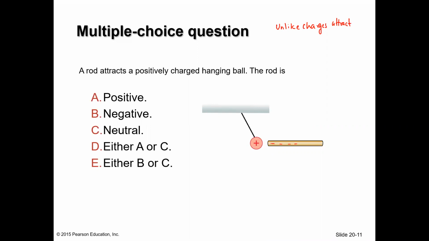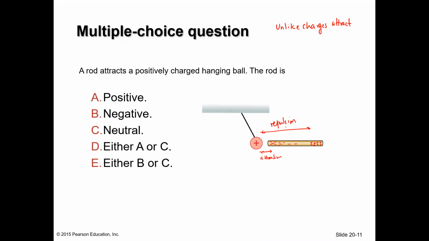What that means is it attracts the negative charges towards it and repels the positive charges away from it. Now there is this separation of charge, and there is attraction between unlike charges, and there is also repulsion between positive and positive.